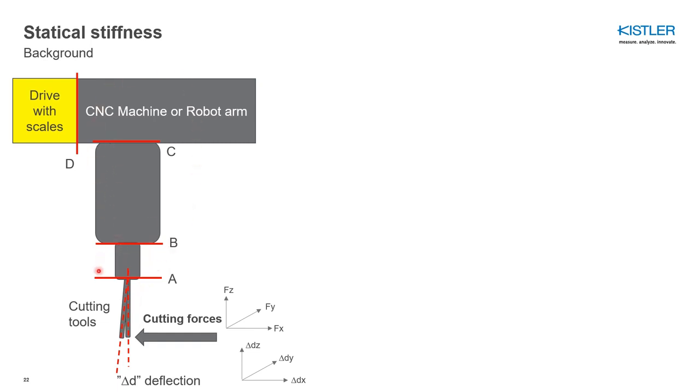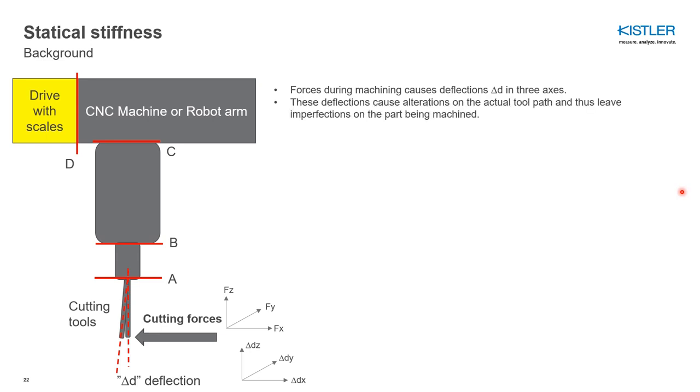It's not an infinite stiffness. So this means that you are deflecting, and the more joints you have, of course, the more deflection you will have in your total deflection. So when you have cutting forces in 3 directions, you will have a delta D deflection also in 3 directions, right? And these deflections will cause alterations.